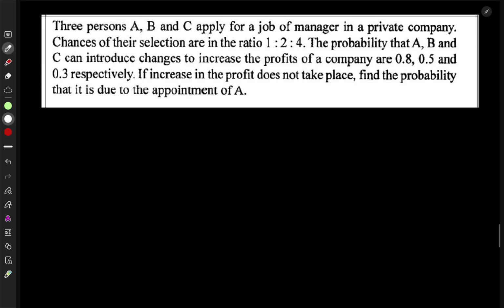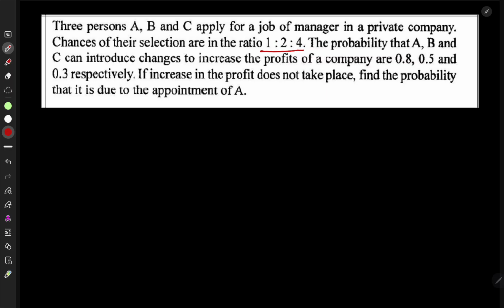Now the next question says three persons A, B and C apply for a job of manager in a private company. Chances of their selection are in the ratio 1:2:4.